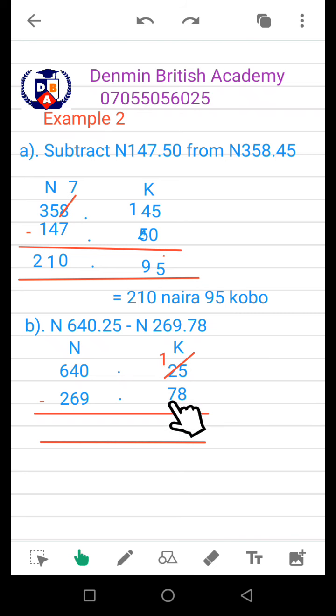You cannot remove 7 from 1, so we need to move across to borrow. We come to this one, he's already 0. He does not have anything to give, so we need to come to 4 and beg 4 to give us 1. Good. 4 gives us 1 and 4 becomes 3.